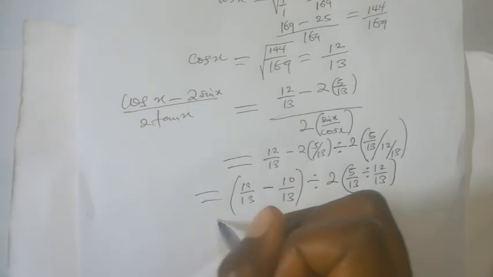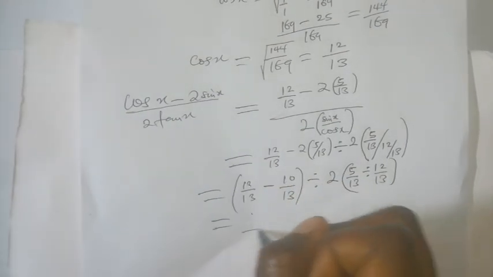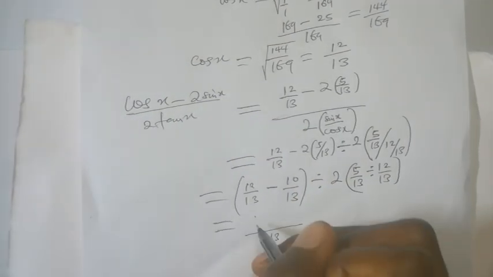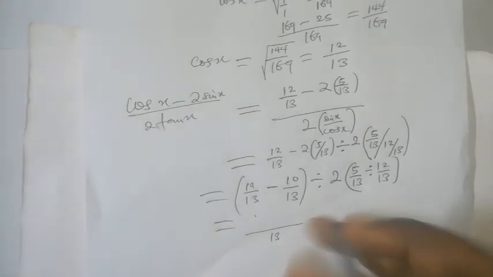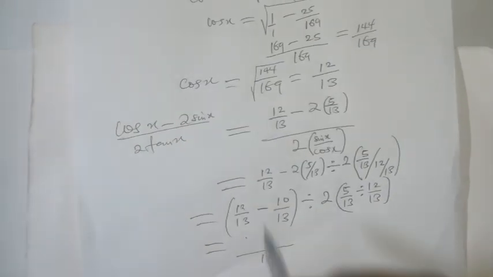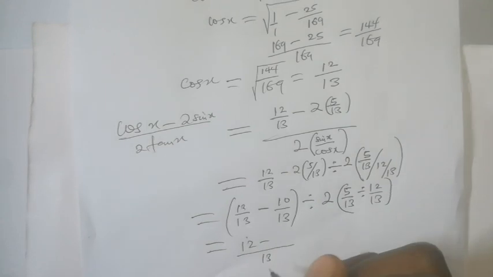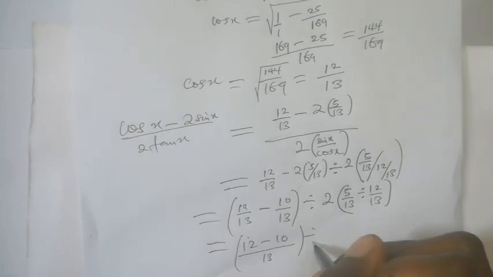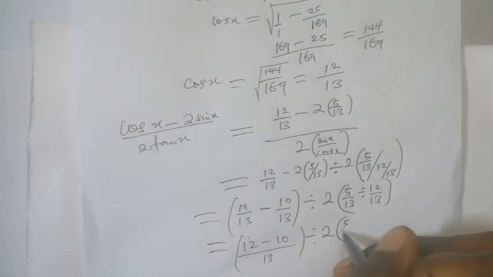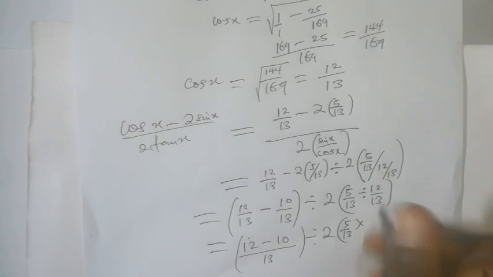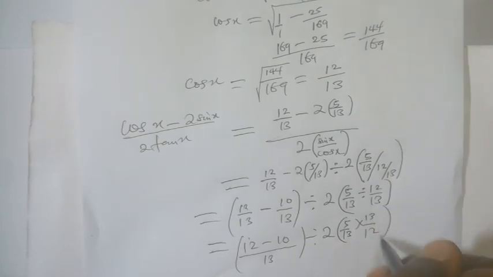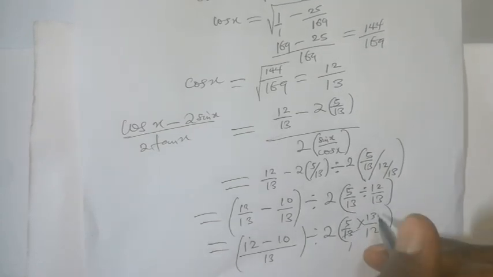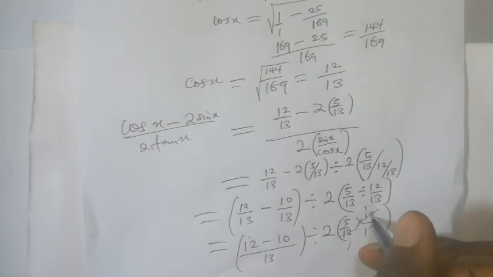You get it? So we now have an LCM of 13. 13 into 13 is 1 times 12 is 12. 13 into 13 is 1 times 10 is 10. You get it? Divided by 2 bracket 5 over 13. This will go up and this will come down. So 13 here 1, 13 here 1.